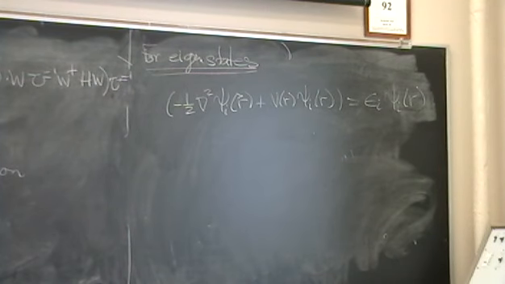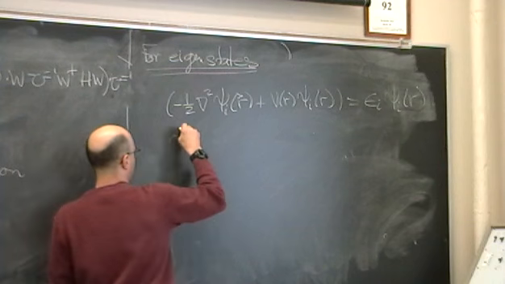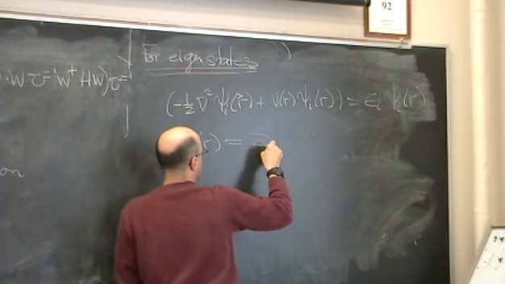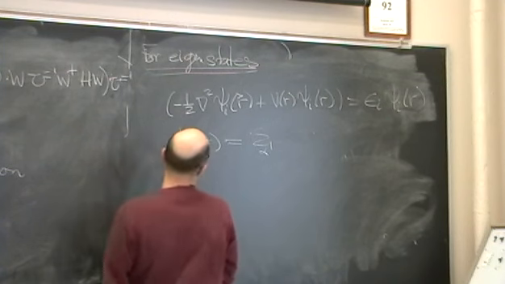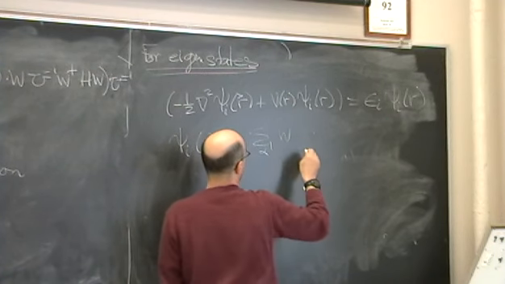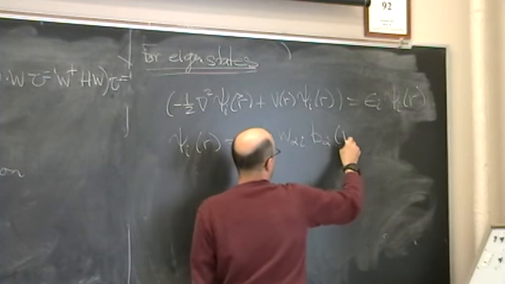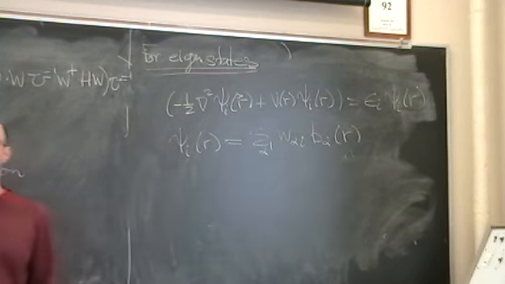Right? And our wave functions, of course, have some expansion, and we're calling the expansion coefficients W_alpha i, times my basis functions B_alpha of r. And now I would like to turn this into some matrix equation, and the standard approach for doing that is what?